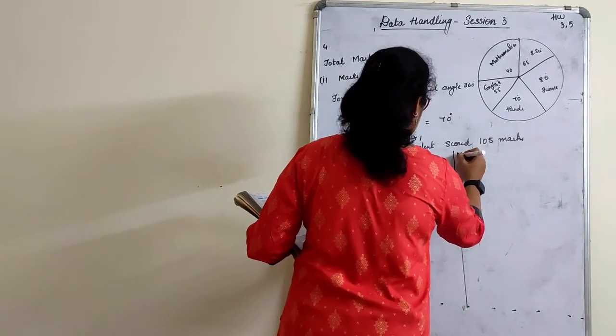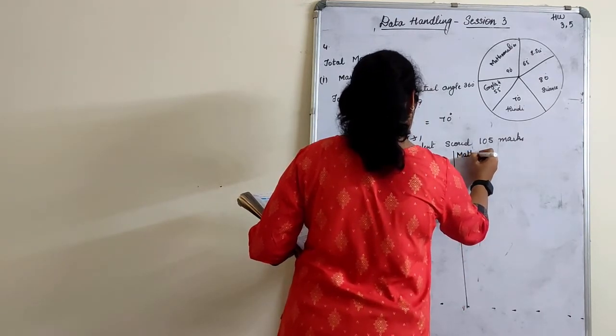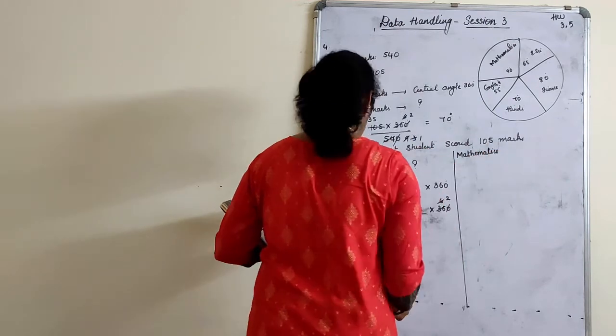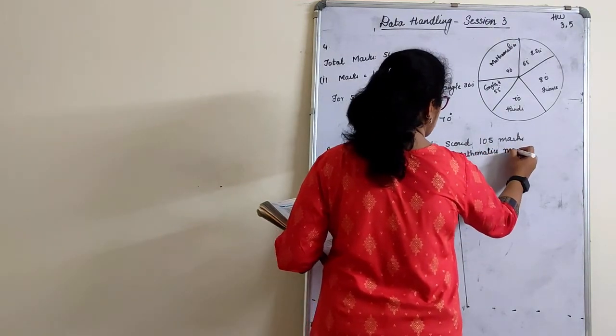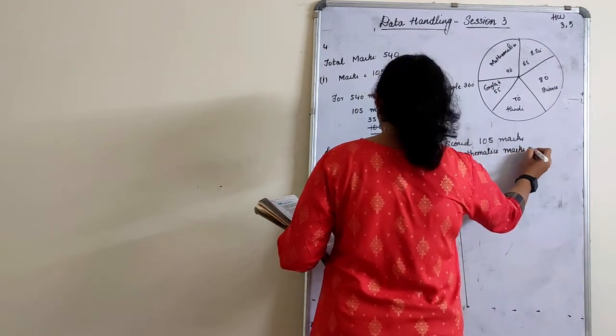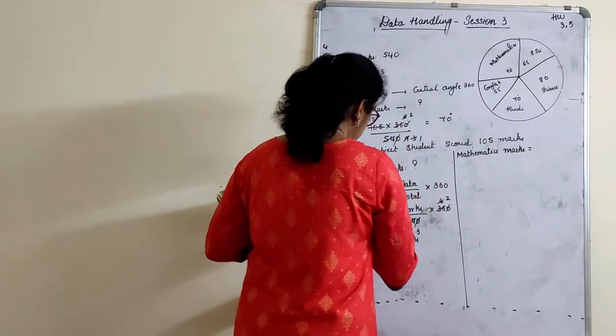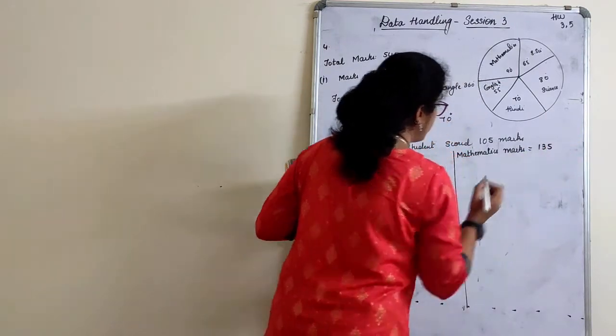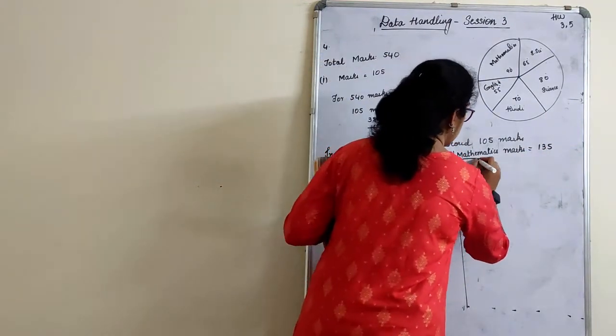Mathematics marks is equal to 45 3s are 135. So these are mathematics marks.